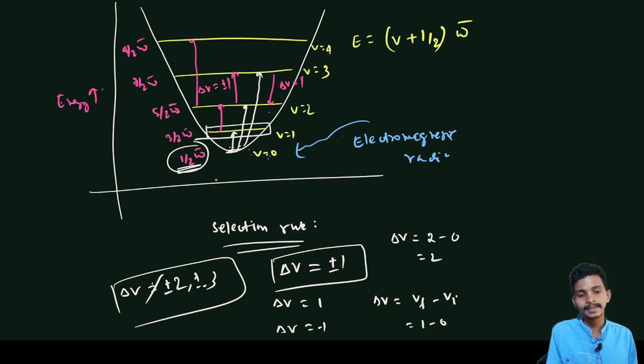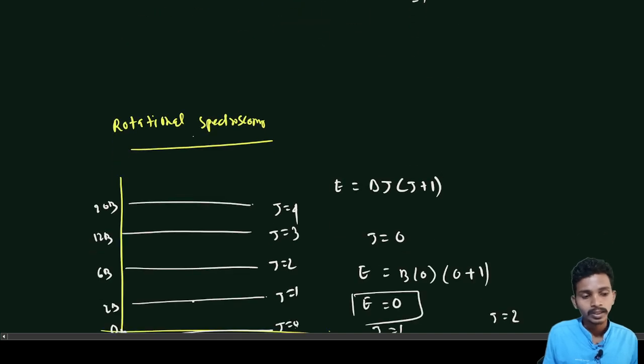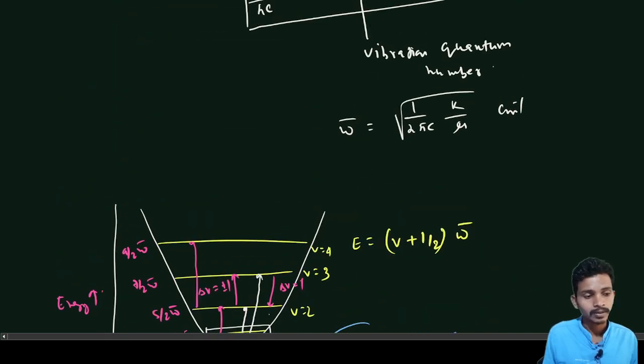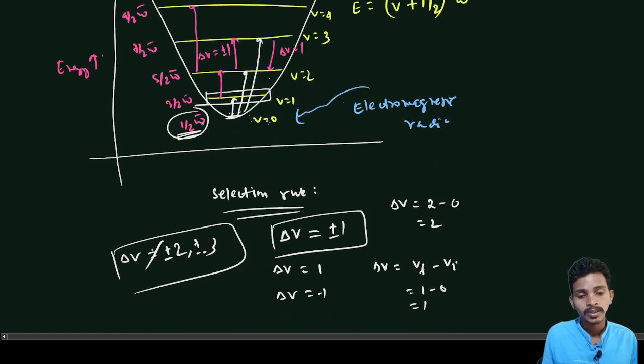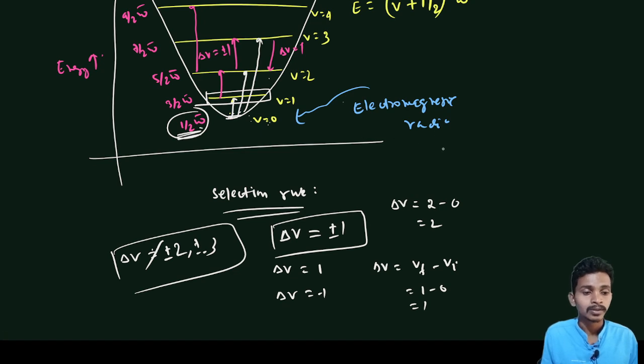So for vibrational spectroscopy, even if you are not giving any energy, the molecule is still vibrating. It is not stopped, it is not at rest. But for rotational spectroscopy, it may be at rest, because at J equal to 0 there is no energy. But in vibrational spectroscopy the molecule is always vibrating, because at V equal to 0 it has some energy, that is 1 by 2 omega naught.